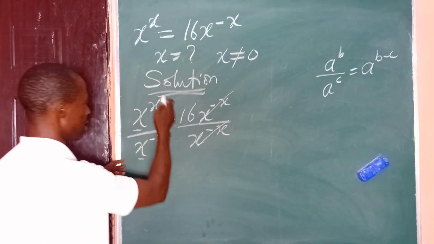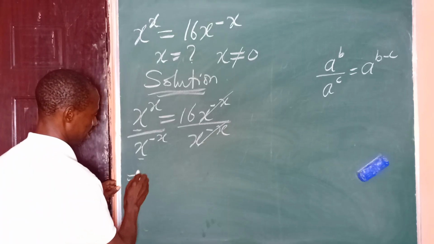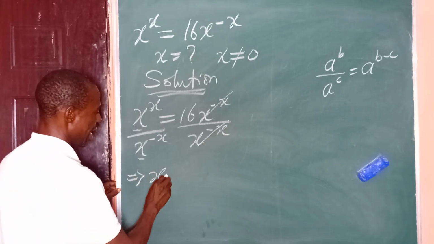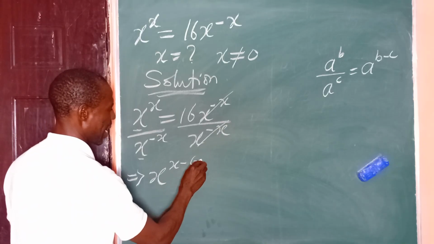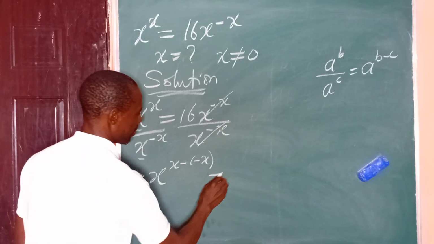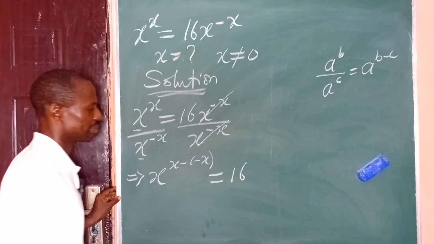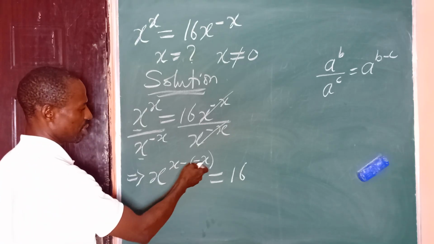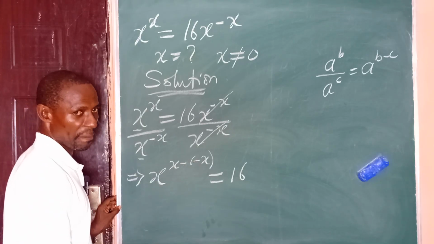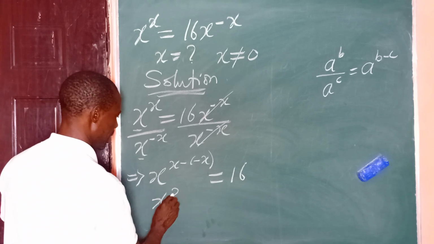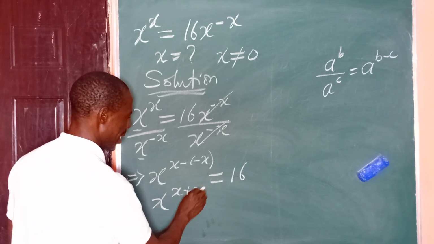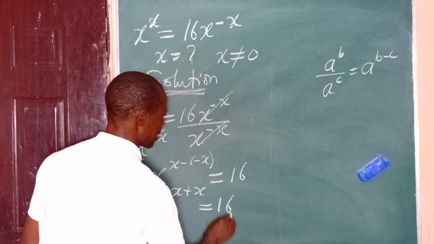So this now implies that x to the x minus bracket minus x is equal to 16. Minus times minus will give us plus. So we have x to the x plus x equal to 16.